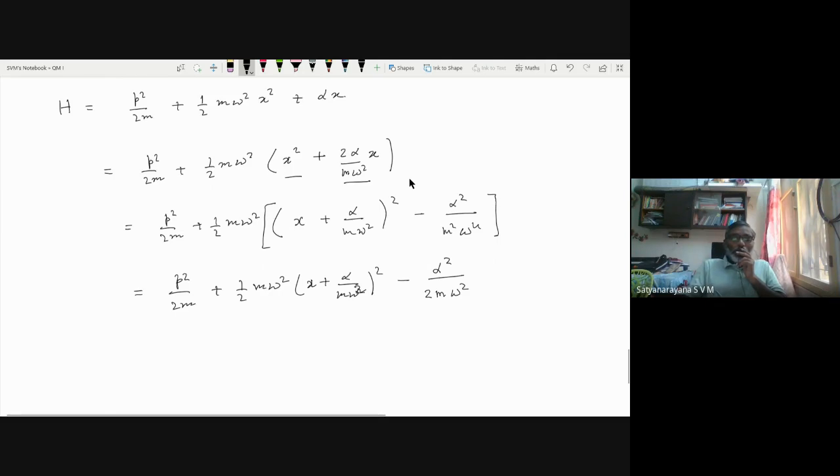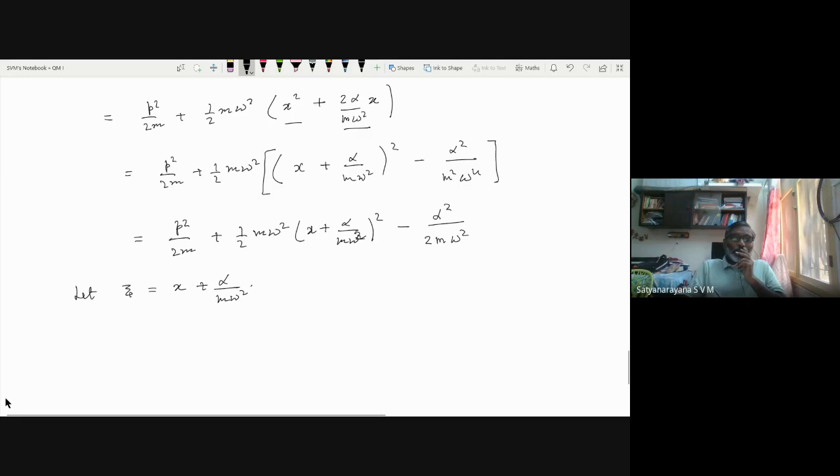Now suppose I make a change of variable, so let us say xi is equal to x plus alpha by m omega square. If I make a change of variable like this, then what happens? This Hamiltonian will become p square by 2m plus half m omega square xi square minus alpha square by 2m omega square.